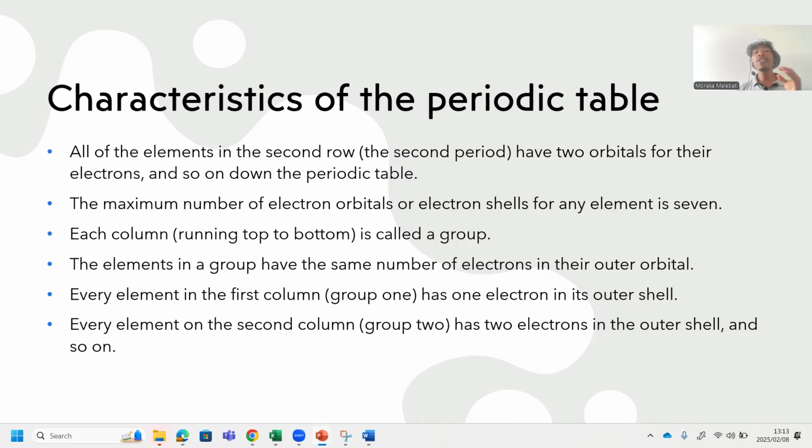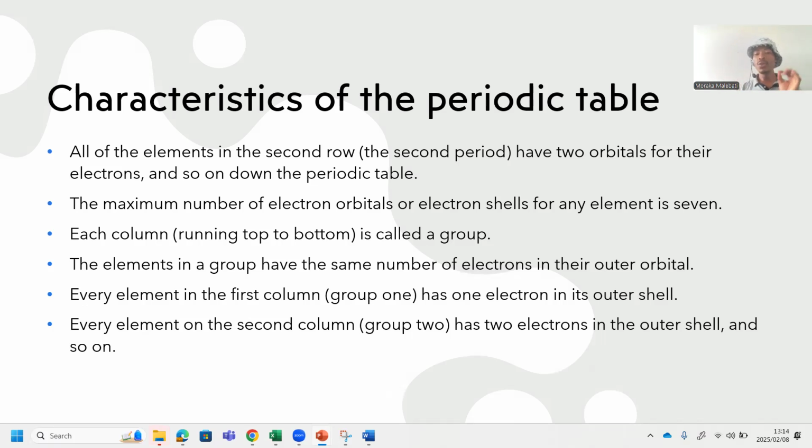The maximum number of electron orbitals, or electron shells, for any element is 7, because we've got seven periods, and it makes sense that when you are going down, you are adding another orbital shell until number seven. Then number seven will be the last orbital, right? It means you cannot have more than seven orbitals. You cannot have eight orbitals.